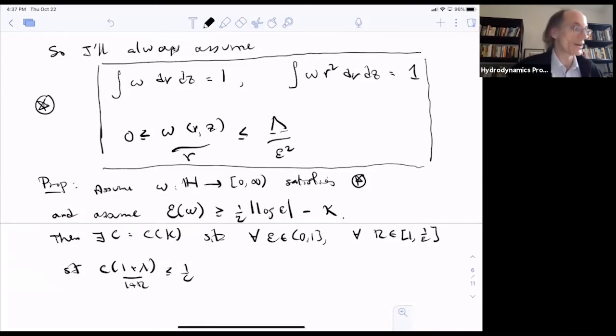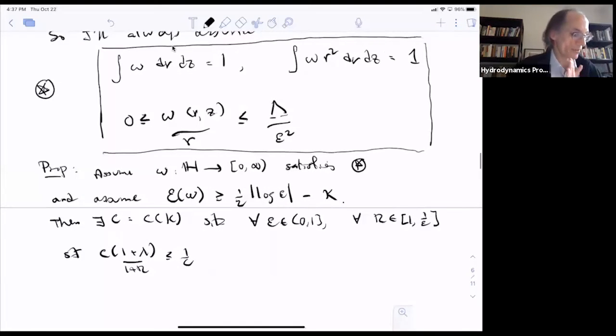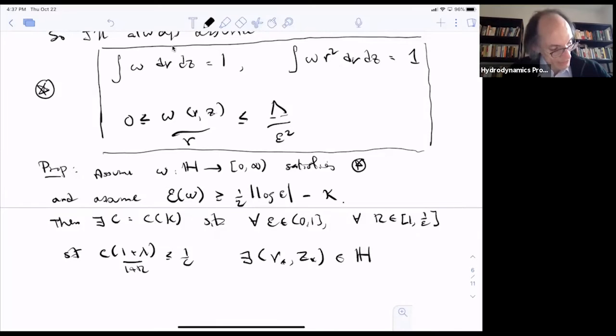Okay, for every epsilon and for every r, if the above assumption is satisfied, there exists a point, say, r star and z star in the half plane H, such that r star is close to 1, so I'm at about a distance 1 from the vertical axis, and the vorticity is quite concentrated around the point r star, z star.